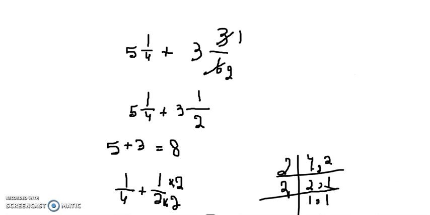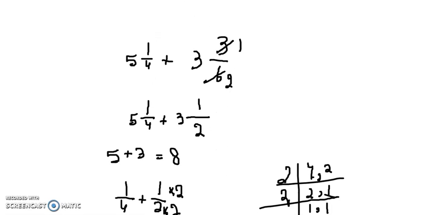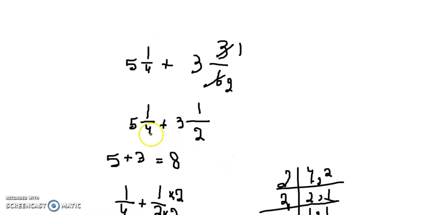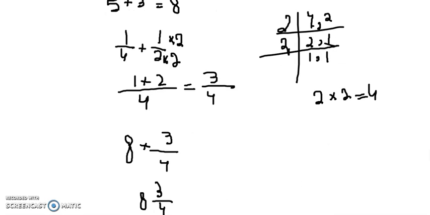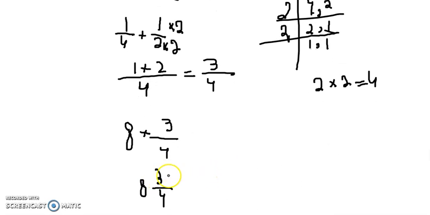Well, let's say if we do it the traditional way, if we multiply 4 by 5, we will get 20 and plus 1, 21 by 4, and then 3 twos are 6 plus 1, 7 by 2, and after taking the LCM, if we simplify them, we're gonna get the same answer as this one, 8 whole 3 by 4.